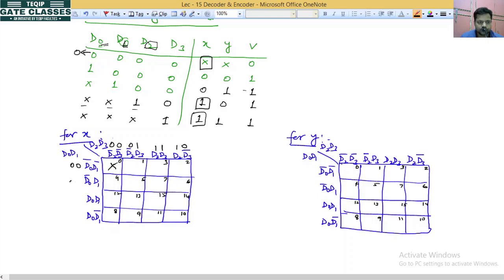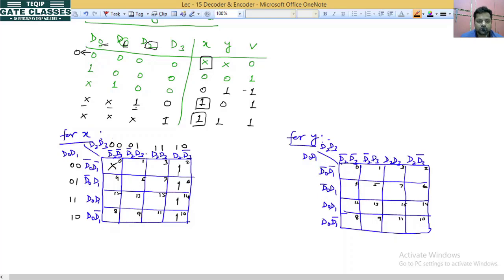So D2 D3 is 1 0 here. So 1 0 in how many cases? In these 4 cases. In all these 4 cells we have D2 and D3 as 1 0. So this will be 1 in all these cases.